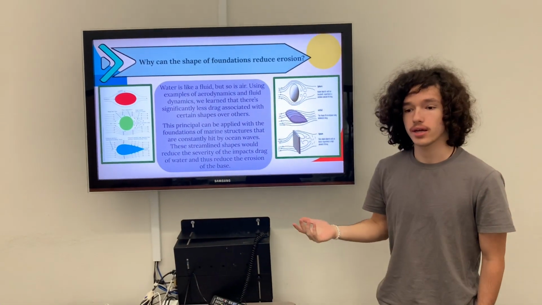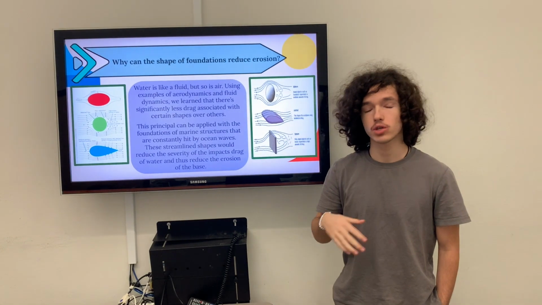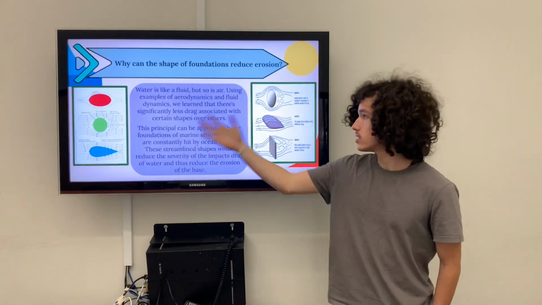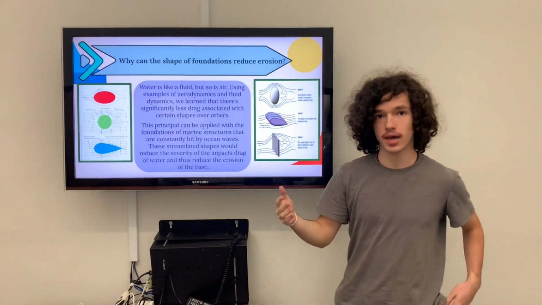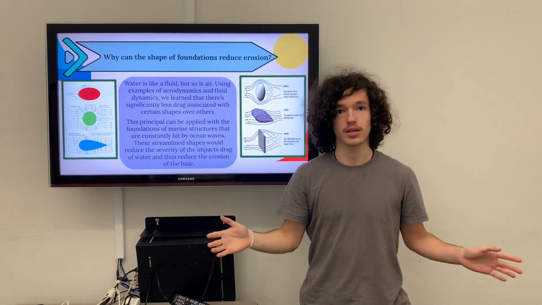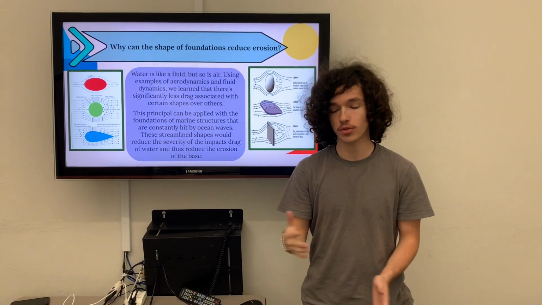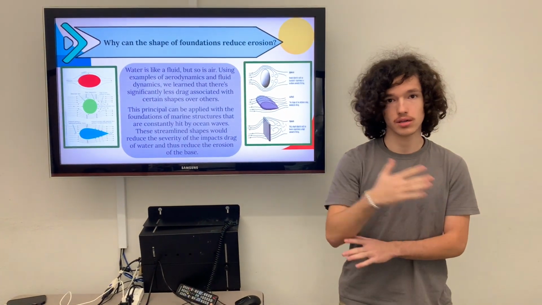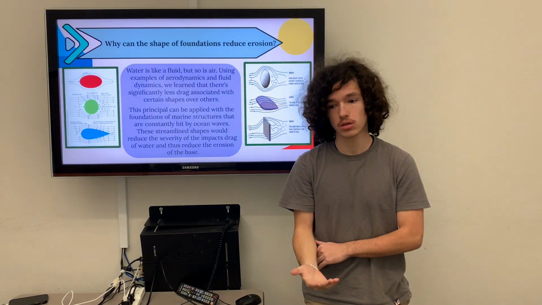And then next I talked about the reasons why the shape would matter so much. So in these diagrams, it shows how fluids and air would flow around objects and how their shape could smoothen their flow.